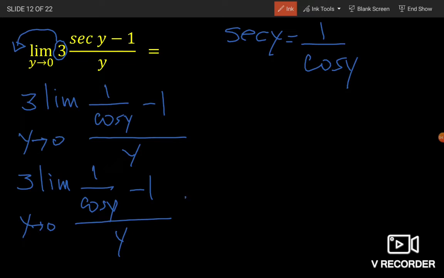Let's multiply the numerator and denominator by cosine of y. Again, this is not a problem because cosine of y over cosine of y is equal to 1, so it doesn't affect our expression at all.